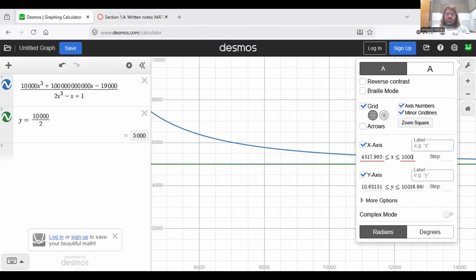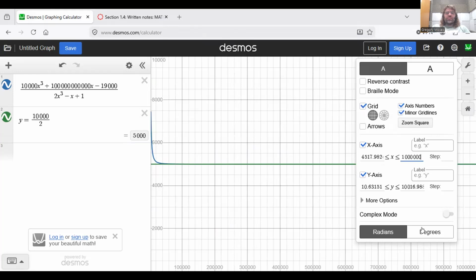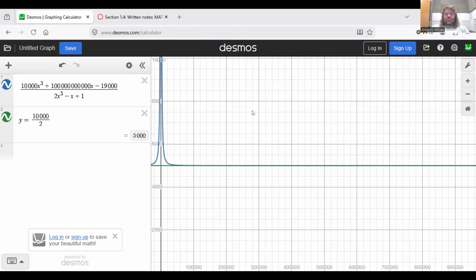And if we increase x, this does indeed end up being the case. As x gets very, very big, f of x ends up at about 5,000. Here, when x is 613,000, f of x is 5,000.133.